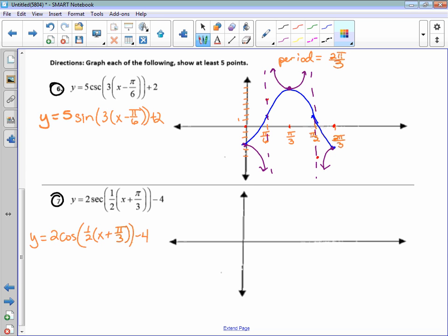When you're ready, guys, look up here and check. Let's see what you did. Stretch 5. Wait, plus 2? Oh, wait. There's a plus 2.